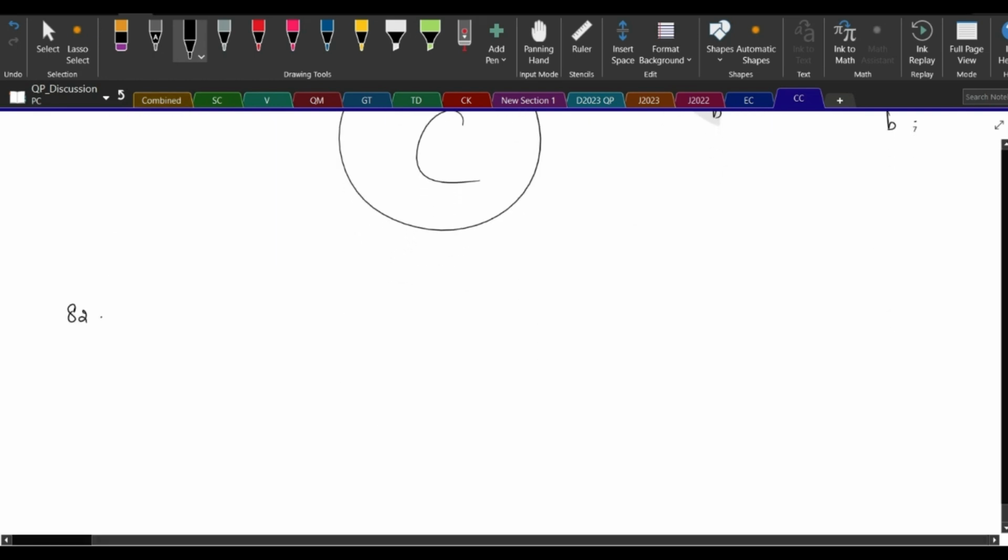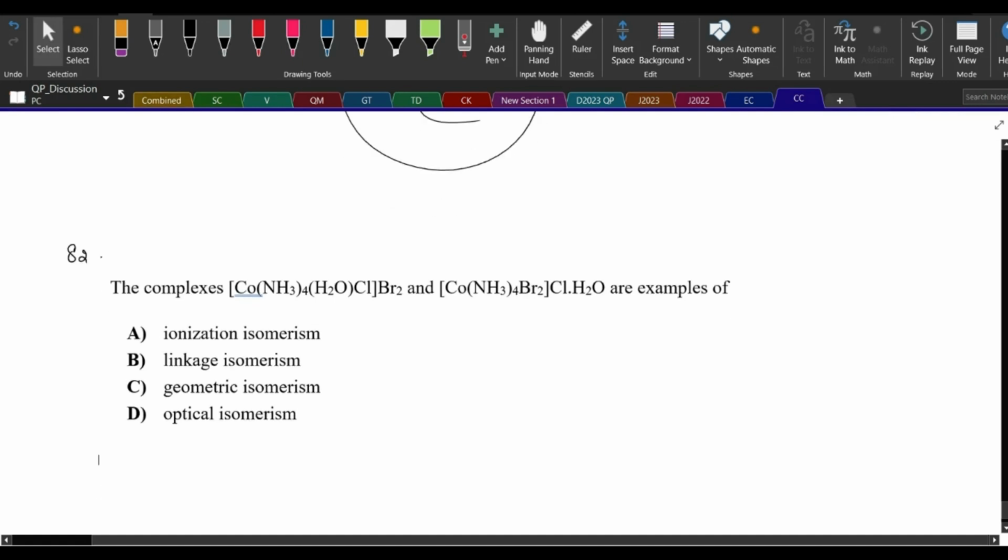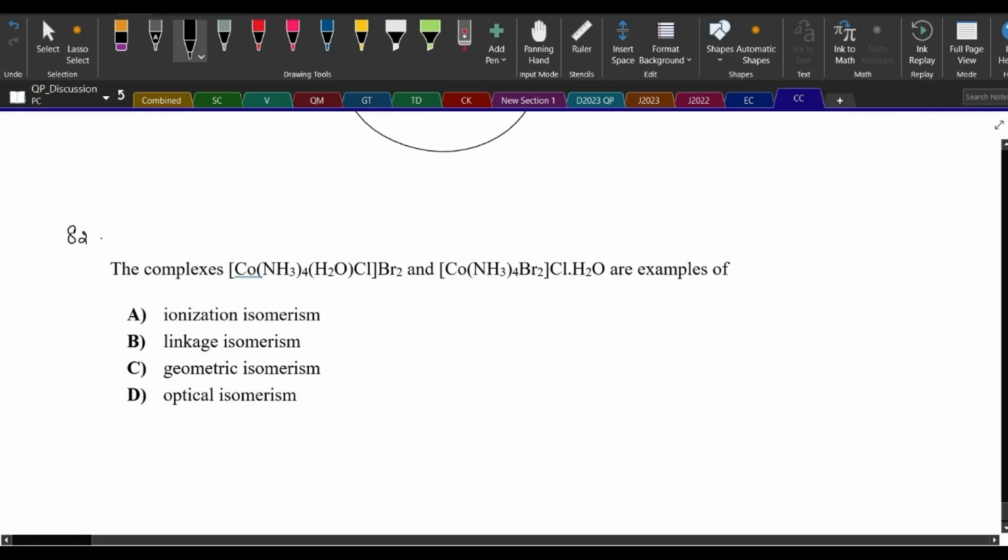82. What type of isomerism can be seen within this complex?